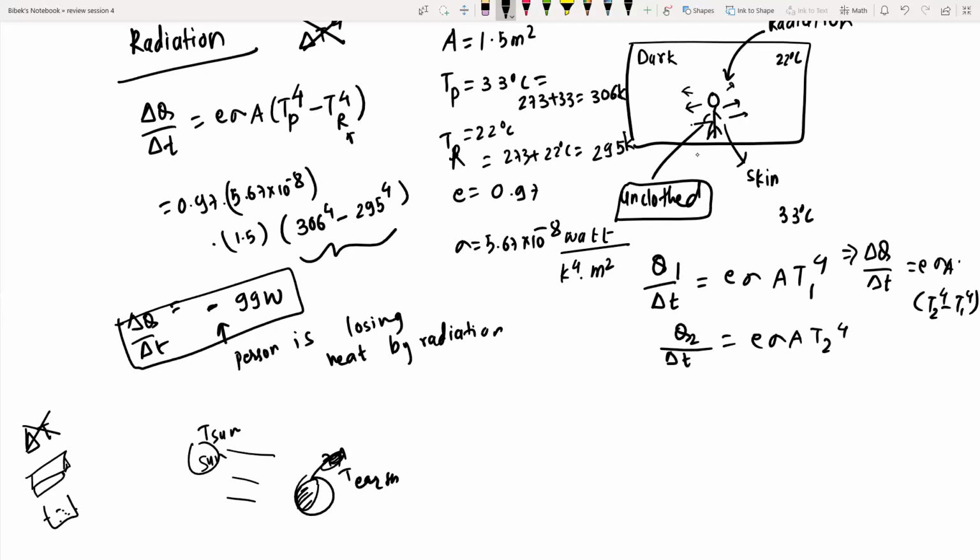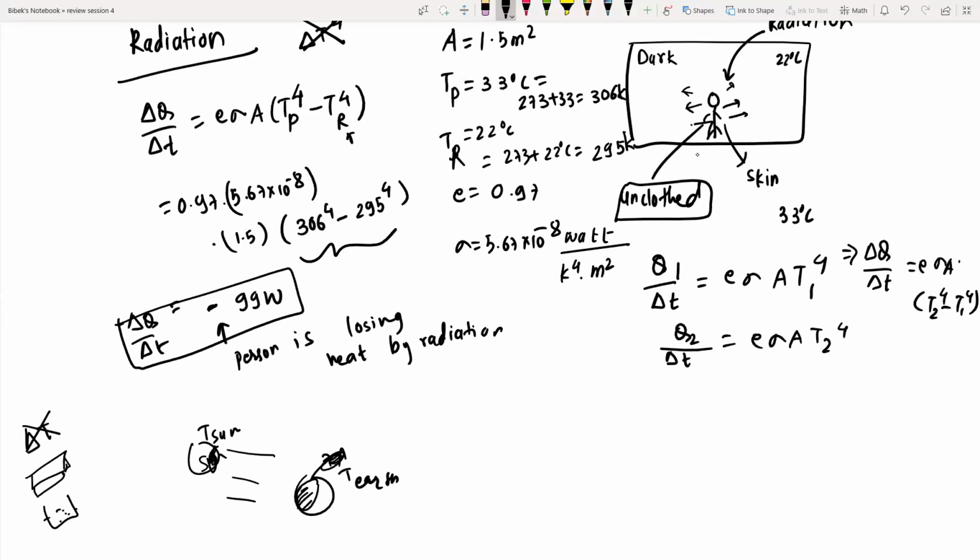So in that sense, you don't need to worry about the area of the room. I think the problem will give you the area of the sun, which is radiating the heat to the earth. So I think that it will be clearly given to you when you're dealing with that. Okay, that makes sense. Thanks.